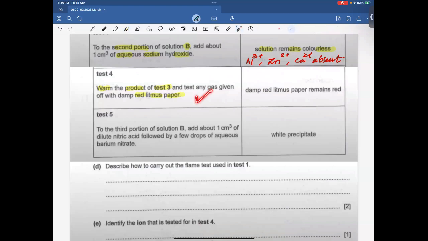If ammonia gas is given off, the red litmus paper changes to blue. Since the red litmus paper remains red, ammonium ions are absent. So we are trying to test for ammonium ion in this test 4, but we conclude that there is no ammonia, so no ammonium ions.